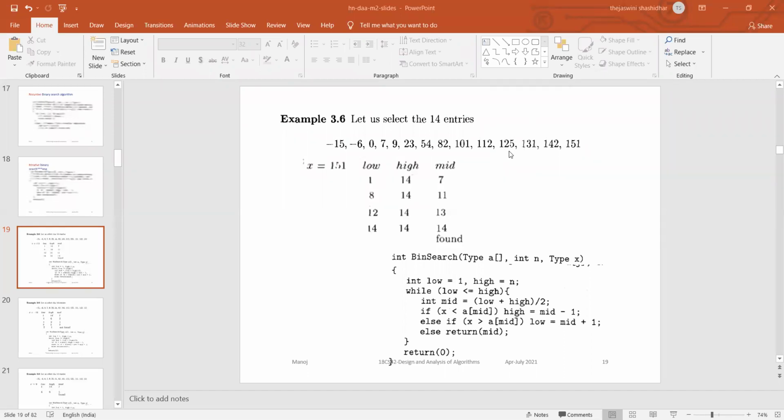So what will you do? 151 is greater than 125.